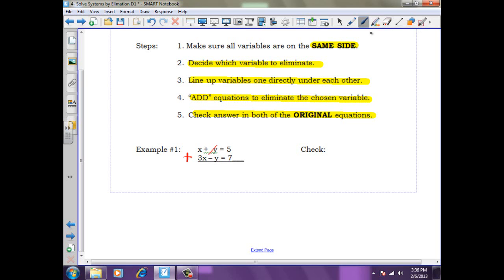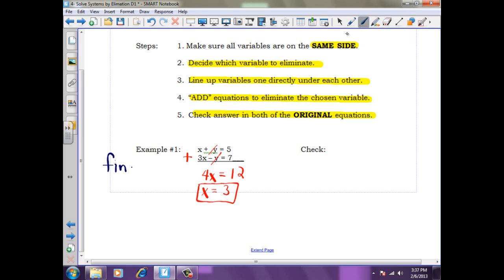A plus y and a minus y gives me a 0. 3x plus x gives me a 4x, and my constants added together give me 12. Solving for x, I get 3. Well, I'm not done. I'm halfway there, but now I have to find my y. How do I do that? Kind of like finding b.